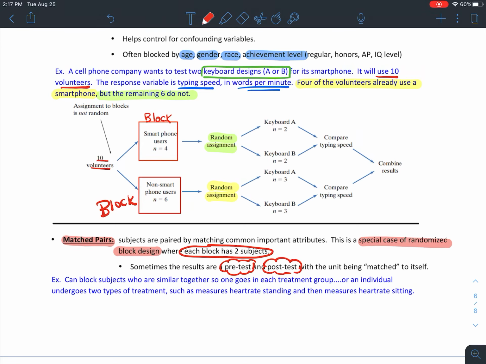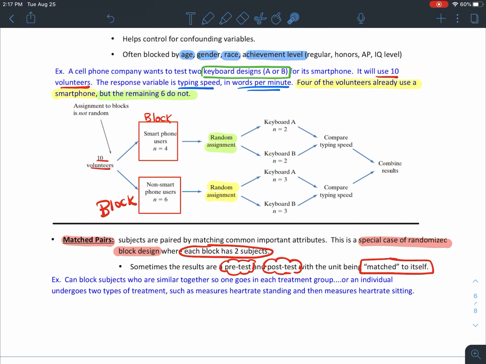For example, maybe you take a pretest, and then you're presented material, and then you take a post-test, so you are being matched against yourself. That's an example of a matched pairs design, where you're undergoing both treatments, and then you are comparing the pre and the post against yourself there.